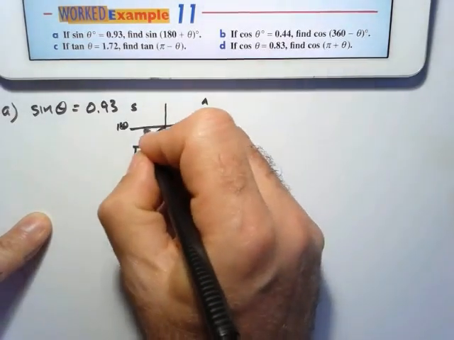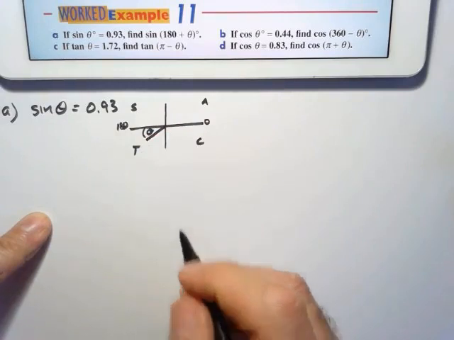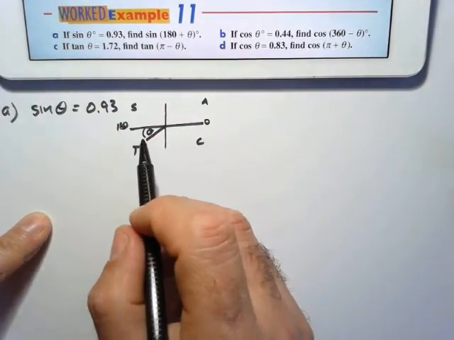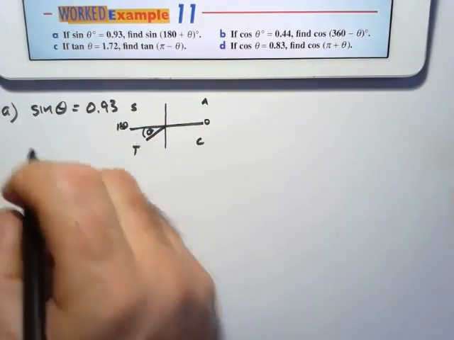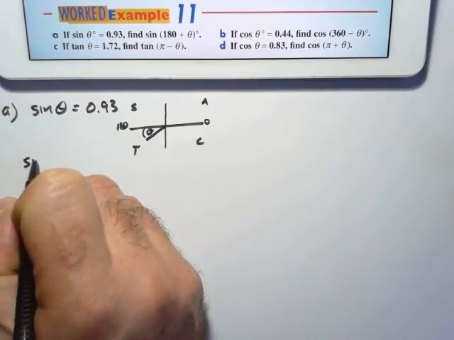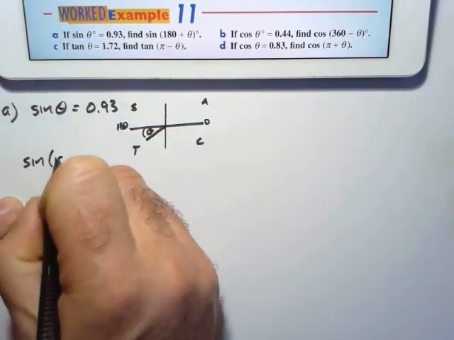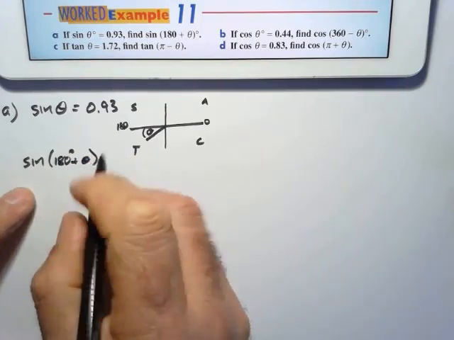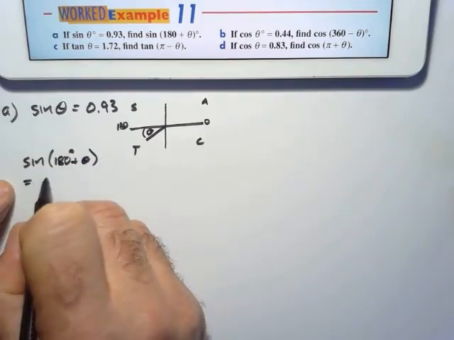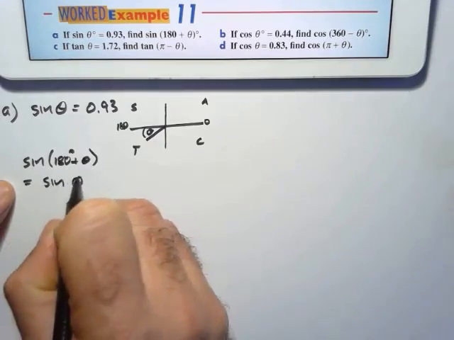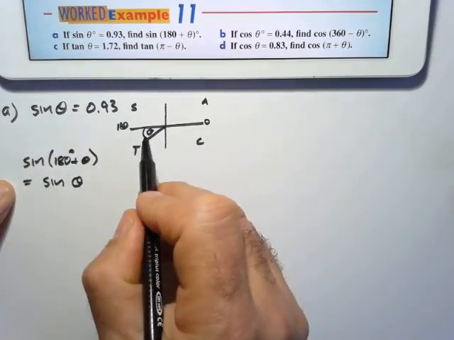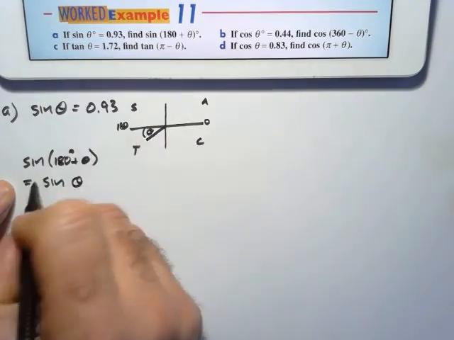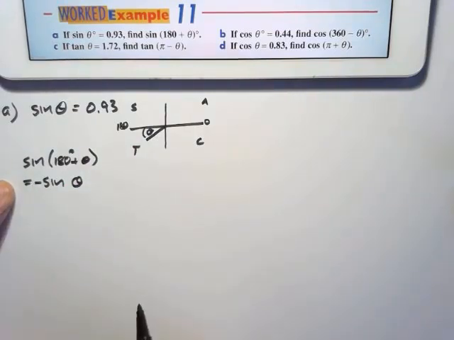Okay, and this will be theta, which means in my third quadrant, the sine of 180 plus theta, which is my reference angle, equals the sine of theta, but it's in my third quadrant, so it will be negative.